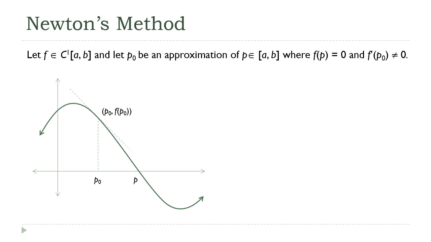Now look at the tangent line to the graph at that point, specifically at its x-intercept. And notice how that intercept is a lot closer to P than our original approximation was. That's the central idea of Newton's method. We're going to start with an approximation, find the x-intercept of the tangent line at that point, and that's going to be our next approximation.